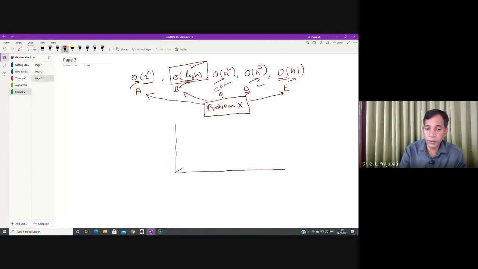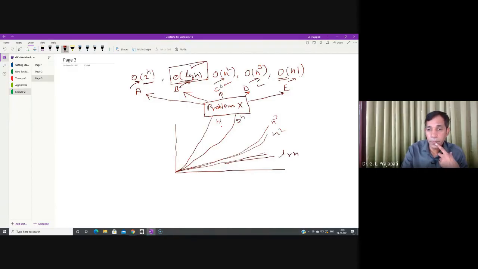So you may have factorial of n maybe like this, 2 raised to power n, some quadratic n square, some n cube, and maybe some log n. So you know that the rate of growth of log n is always less than these.